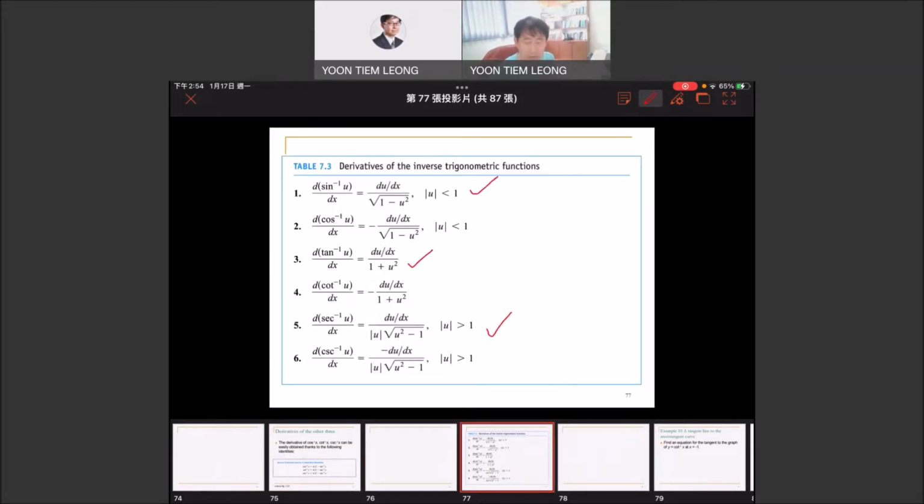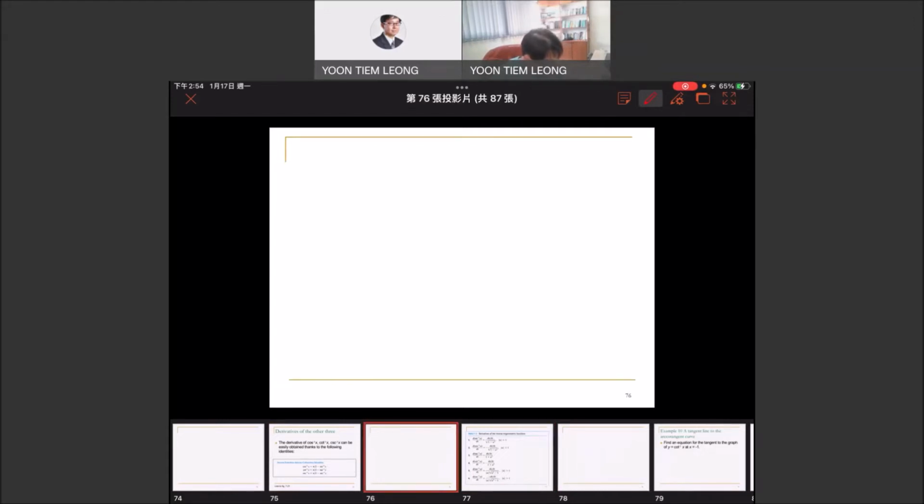So in practice, you don't memorize all these formulas. You always remember that arcsine and arccosine form a pair, right? So maybe I should write it in another sheet. So arcsine and arccosine always form a pair, and their sum is just 90 degrees.